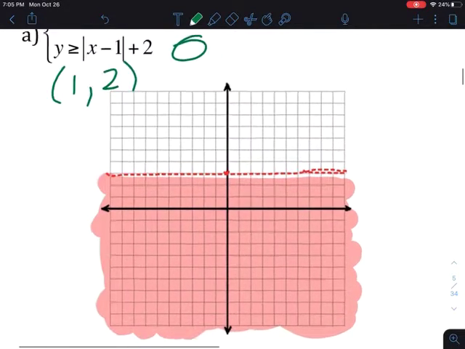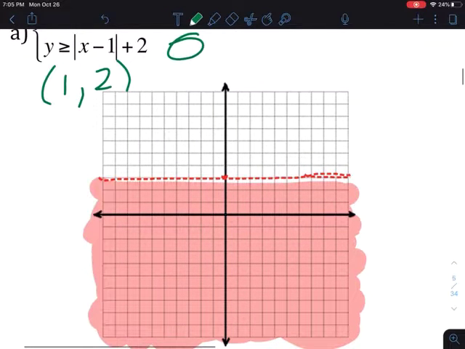So we're going to put our vertex at (1, 2). Our slope here is an invisible 1. So that means we're going to form our V: we're going to go up 1, right 1, and up 1, left 1.